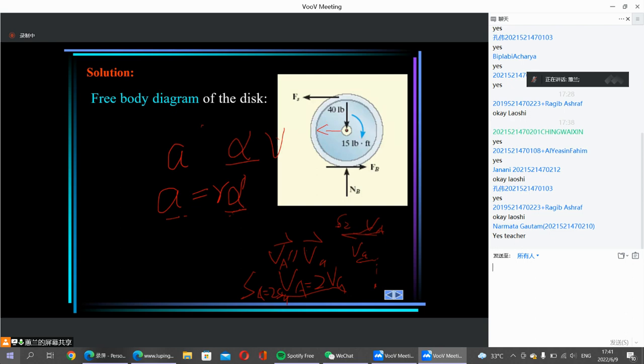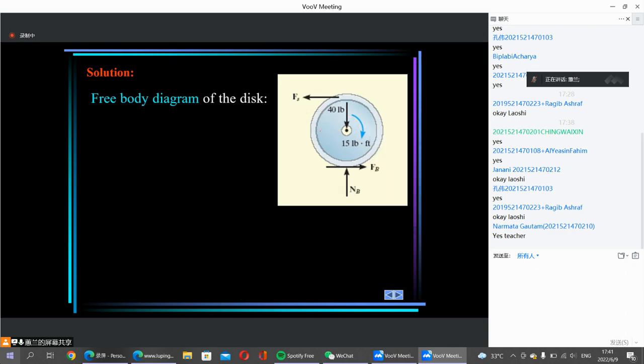This will be the FBD and then MAG, and IG alpha, right? IG alpha should be this one or this one. It should be counterclockwise or clockwise. This is the FBD, and I use red arrows to indicate the KD.